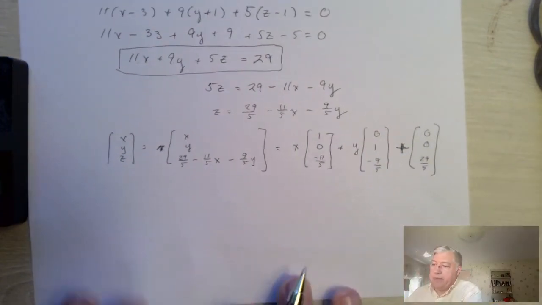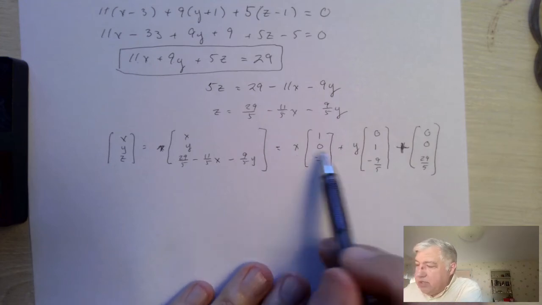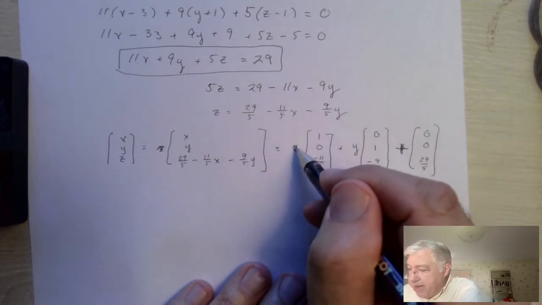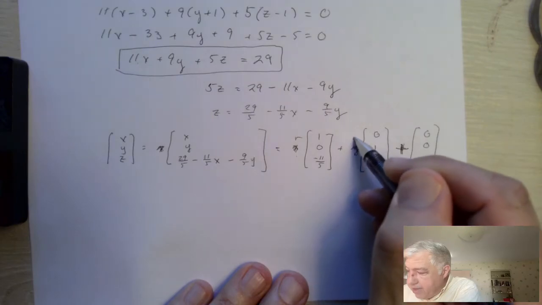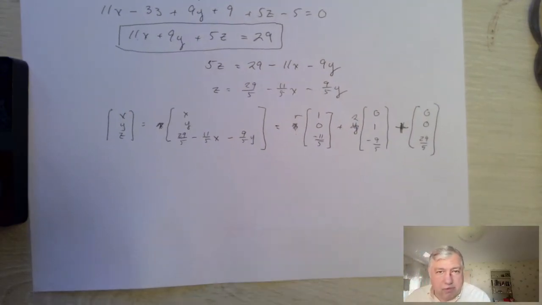Okay. All right. And we could, again, x and y really can be anything we want. So visually we could replace the x with r and this with s. It's a little easier to look at it that way.